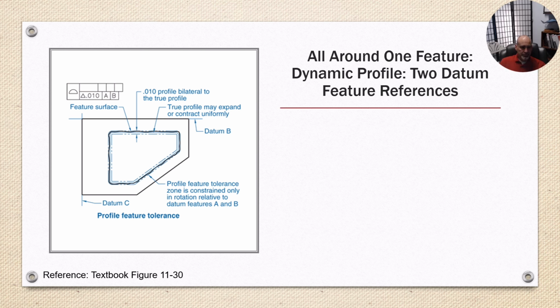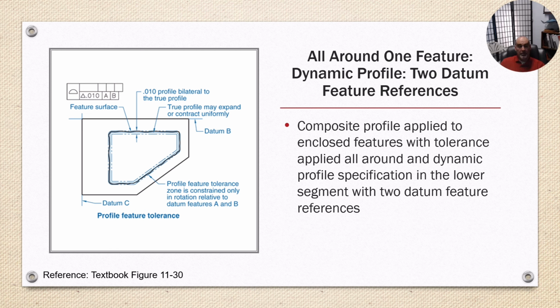So the composite profile is applied to an enclosed feature with tolerance applied all around, and a dynamic profile specification in the lower segment with two datum feature references. So this allows the theoretically perfect profile to move more in orientation and size, but then the profile tolerance itself is tight.